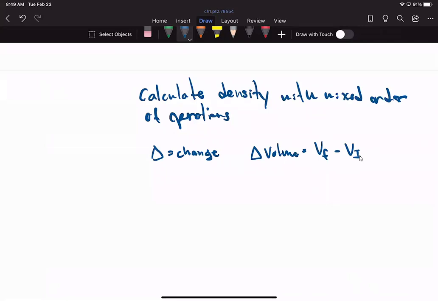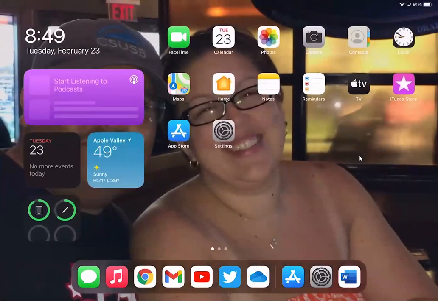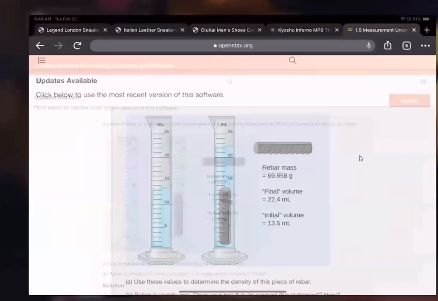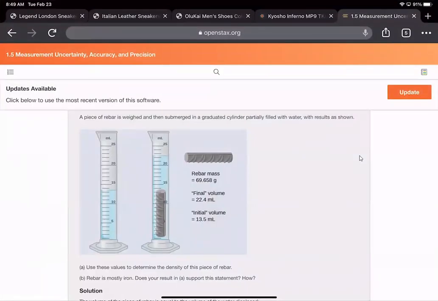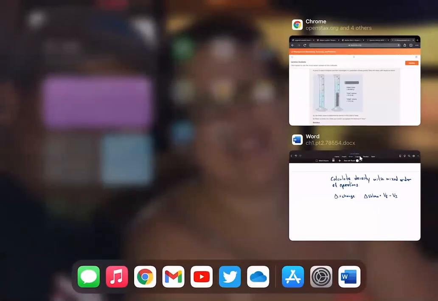So if I were to give you a couple of values, and we wanted to figure out the density of that rebar there, right? Well, let me get these values.